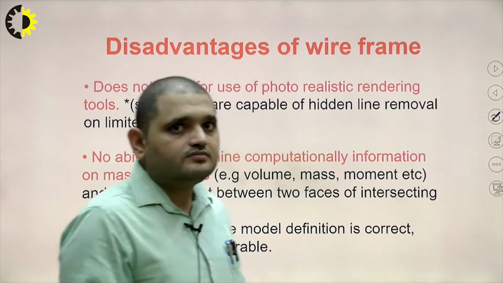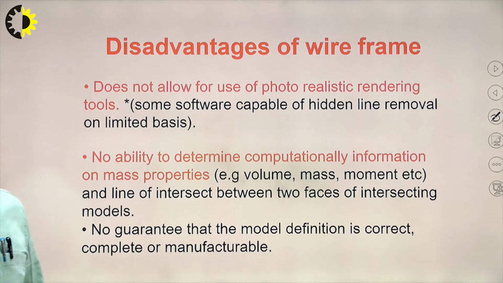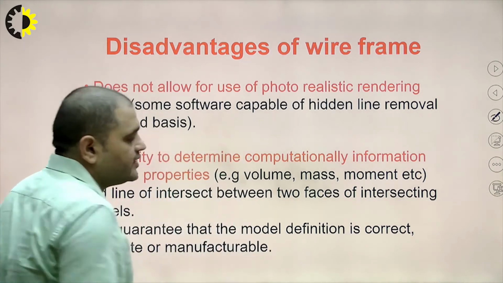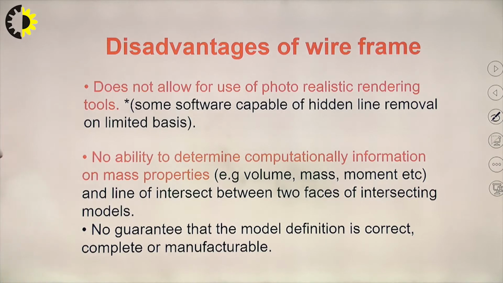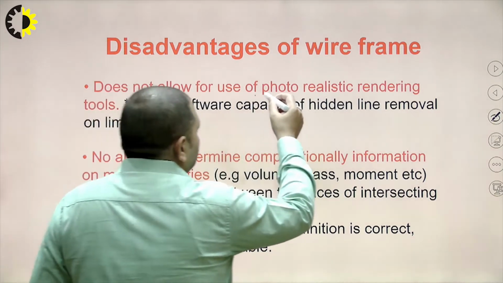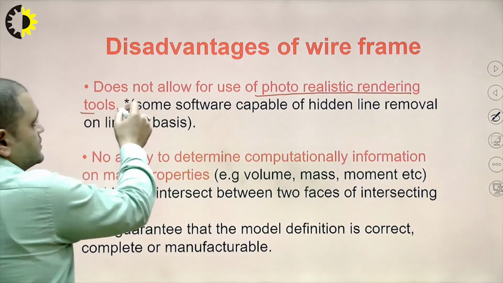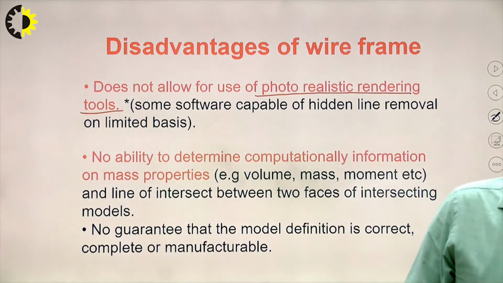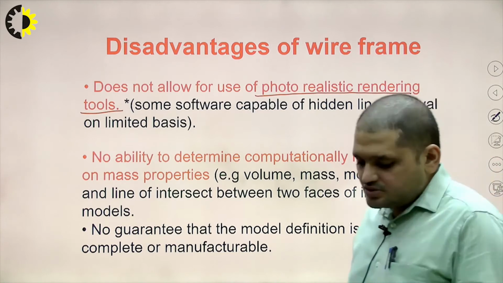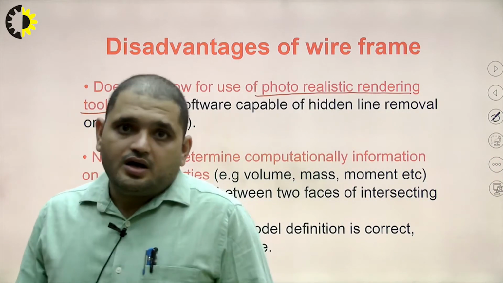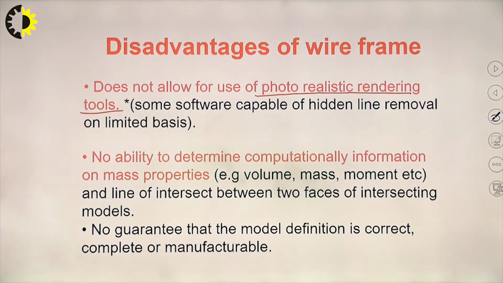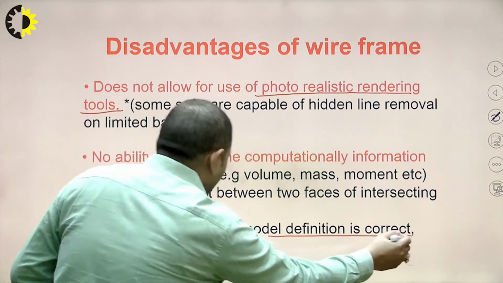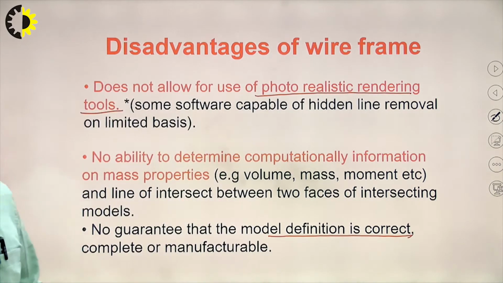It does not allow use of photorealistic rendering tools. Some software is capable of hidden line removal on a limited basis, but it does not allow photorealistic rendering tools. No ability to determine computational information or mass properties. No mass is present, and it does not guarantee that the model definition is correct, complete or manufacturable.